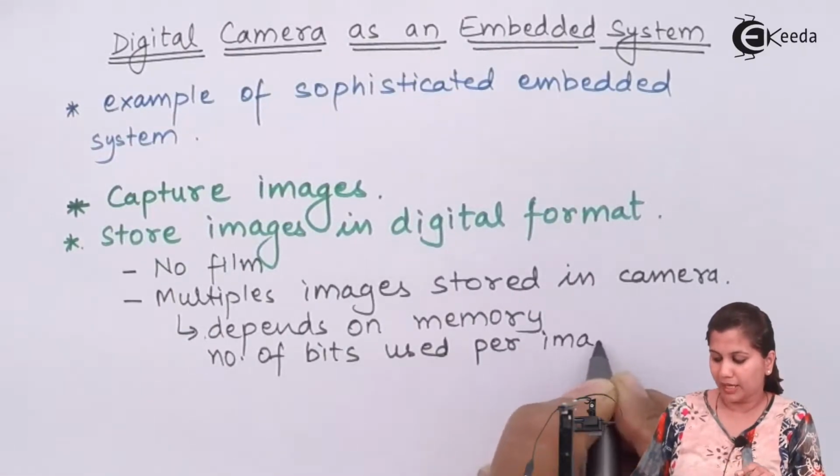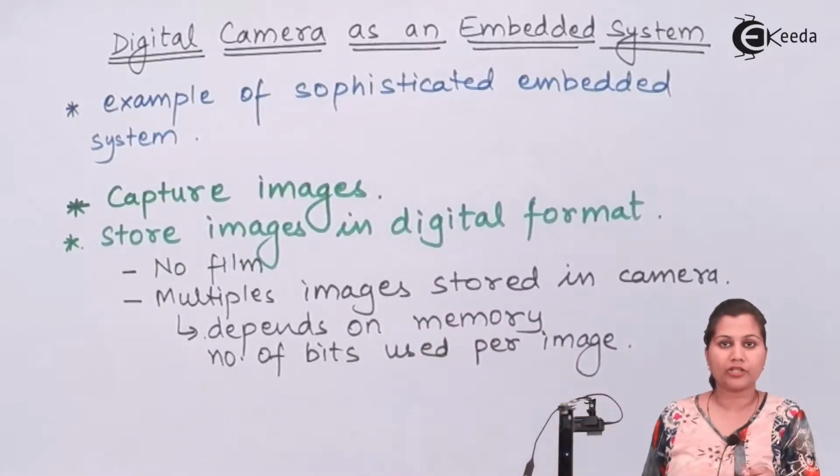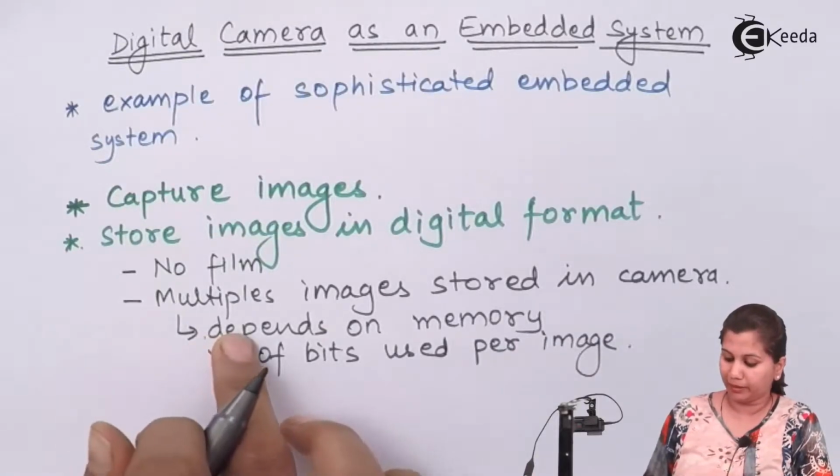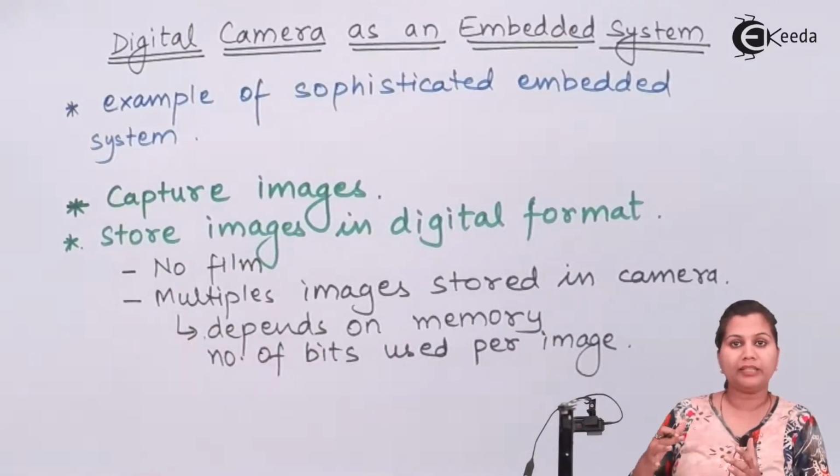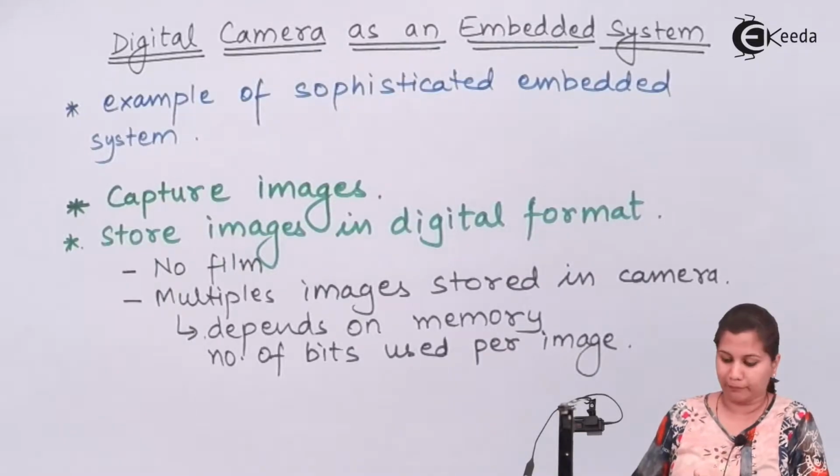How many bits are used to store an image also decides how many images are stored on the camera.